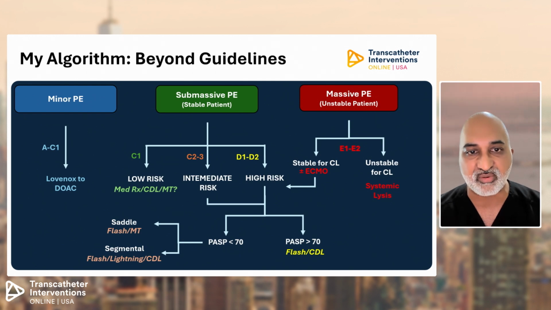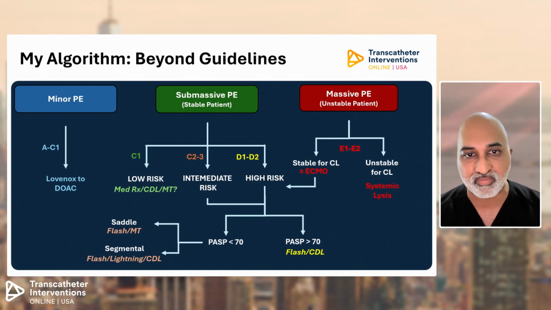But the C2, C3 group, which is currently in the guidelines, still unknown, waiting on the trial data. And we talked about STORM-PE and also HI-PEITHO coming out, which support use of mechanical thrombectomy or catheter-directed thrombolysis for submassive PE.